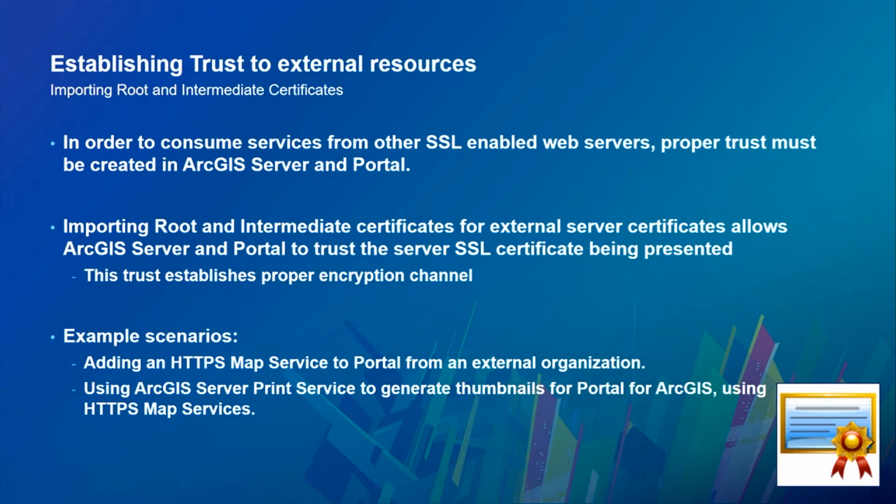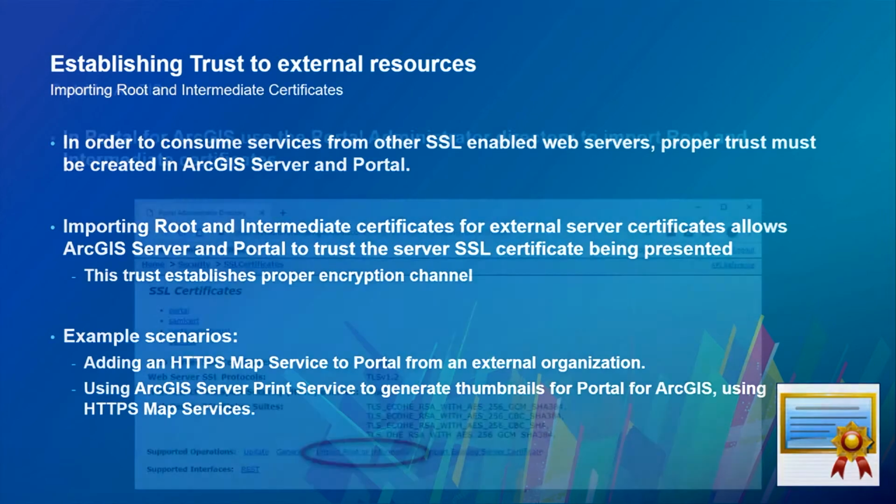So there's also this concept of importing the root and intermediate certificates into the admin API so that both ArcGIS Server and Portal can create proper trust to these external services as well.